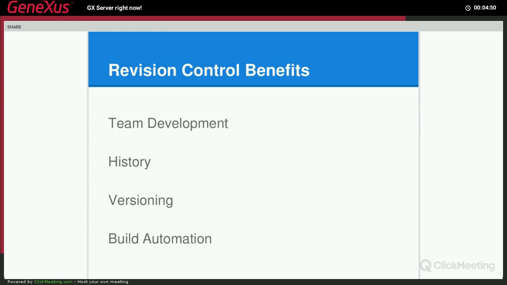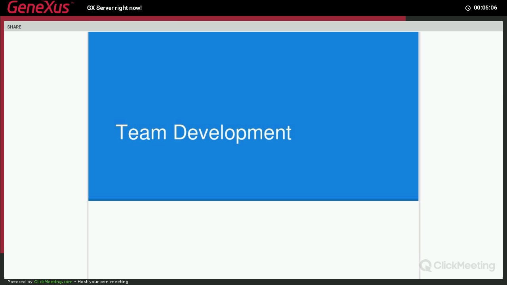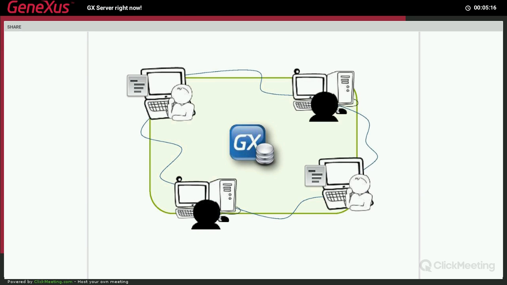And finally, we'll see that using GeneXus Server allows us to automate many repetitive and time-consuming tasks, and in particular, to fully automate the builds. So, let's start with the first one, team development, and see how we can use GeneXus Server for that.